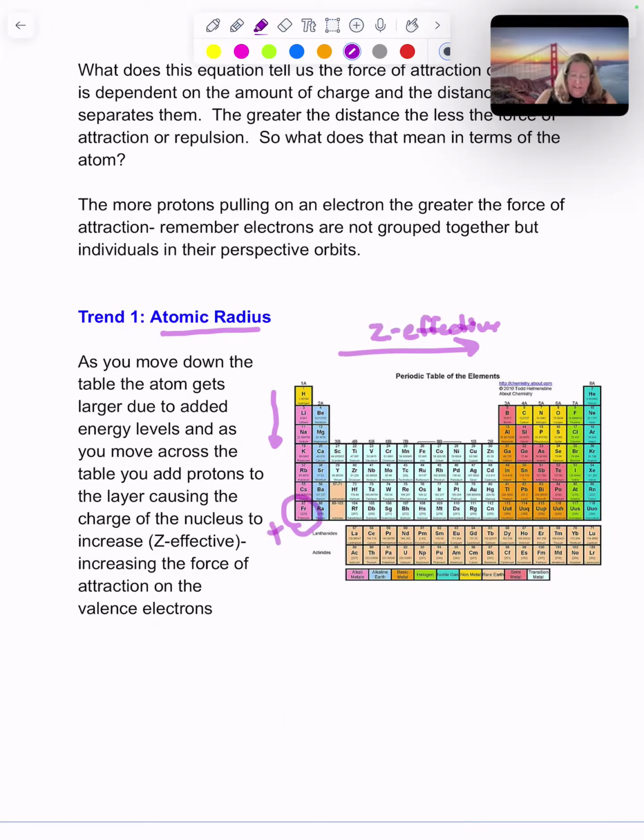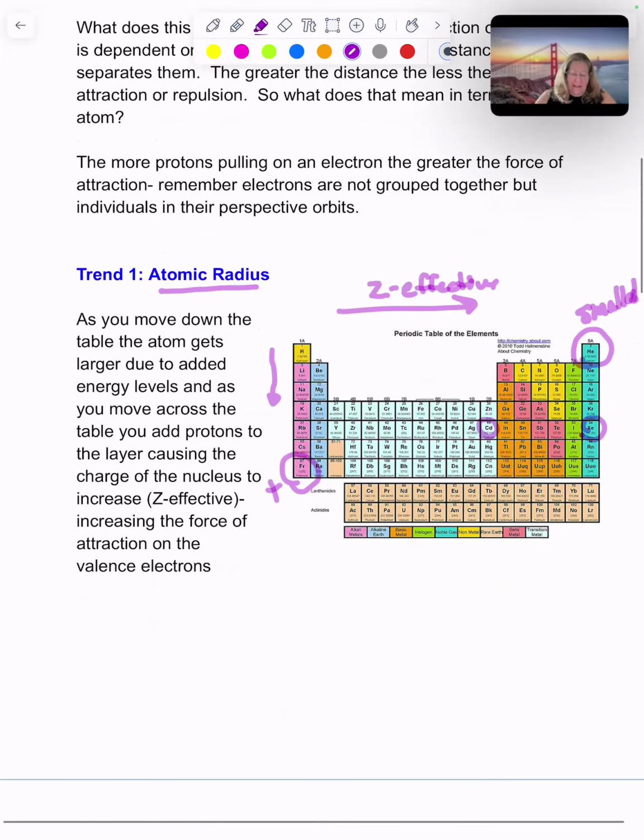So if francium was the largest, diametrically opposed is helium, this is going to be the smallest because it has the most nuclear charge for that energy level. So xenon is going to be much smaller than, say, cadmium because it's got more protons in its nucleus acting on that energy level. So atomic radius is a key point here.